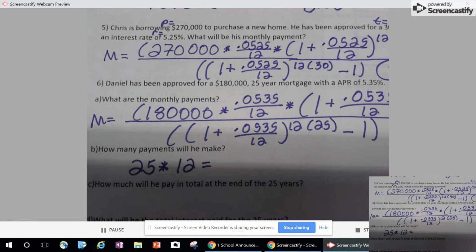So make sure you change the values for the times 12. Okay, so remember it's going to be 12 times 25 on those. So just make sure everybody you're getting the right ones in there. And then change it on the top part too.